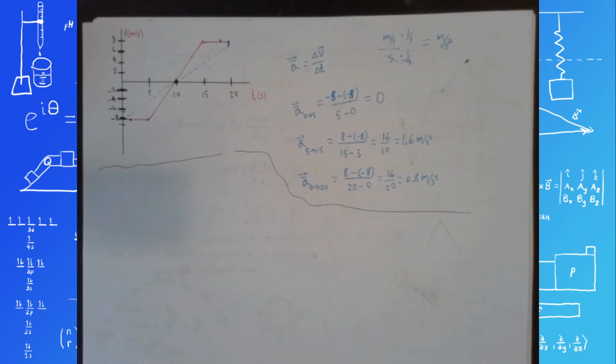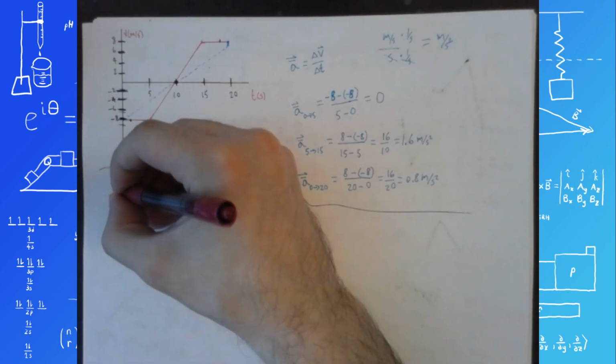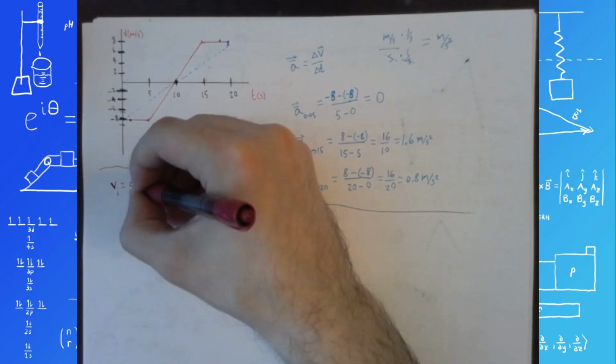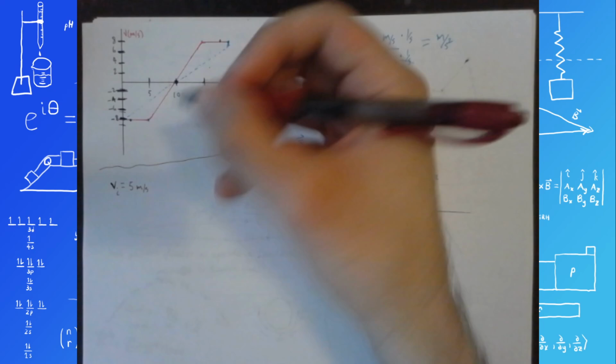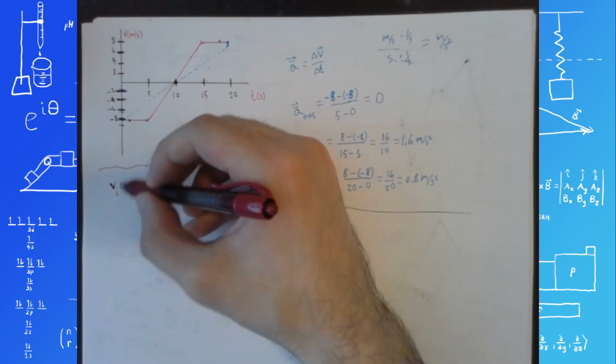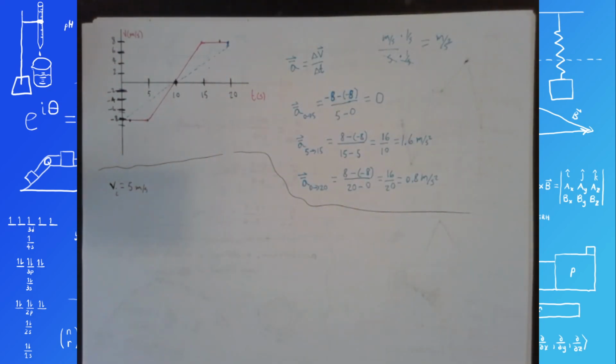A car traveling in a straight line, that's important, has a velocity of positive 5 meters per second at some instant. I will call this the initial velocity. Positive 5 meters per second. And of course, if you prefer to call this V1 or V0 or something like that, then feel free to do so. Use whatever notation works for you.